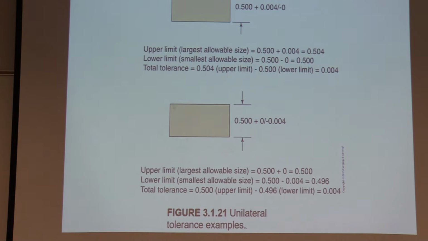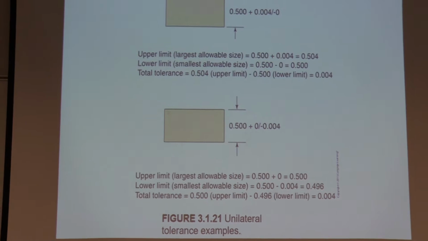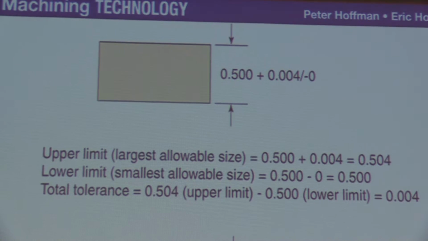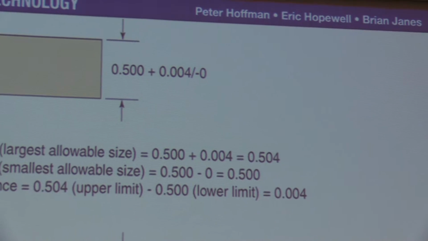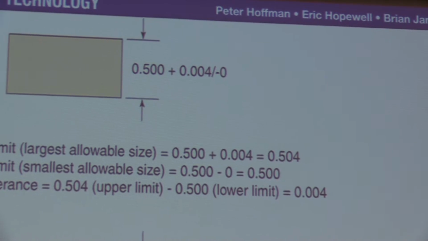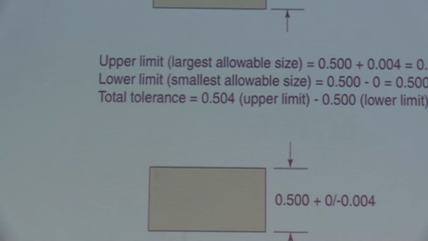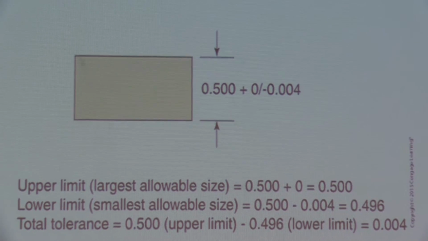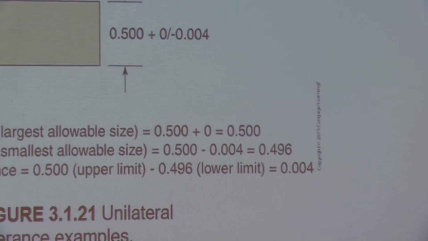So real quick, next slide. Here's the same thing. Here's an example of the top section: ½ inch plus 4 but minus 0. So it can be 500 to 504 only. Shows you your upper limit, lower limit, plus 0 and minus 4. Same thing.